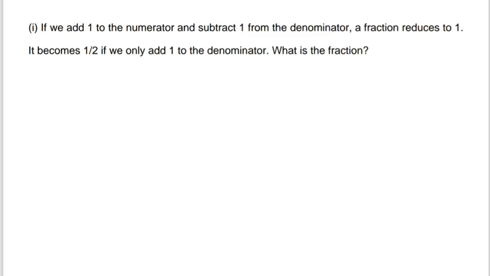So in the first one they are saying that if we add 1 to the numerator and subtract 1 from the denominator, that is x plus 1 by y minus 1, the fraction reduces to 1, that is equal to 1. And in the second equation they are saying that it becomes 1 by 2 if we add 1 to the denominator only, without doing anything in the numerator. So let's do the sum.